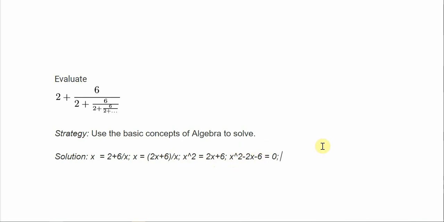Using the quadratic formula, you'll find the answer is 1 plus the square root of 7. So that's the answer. Let's go to the next one.